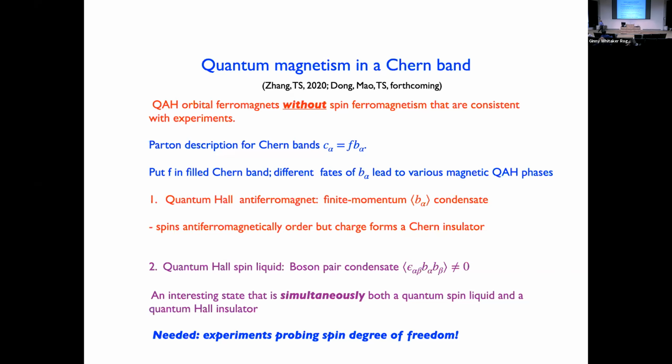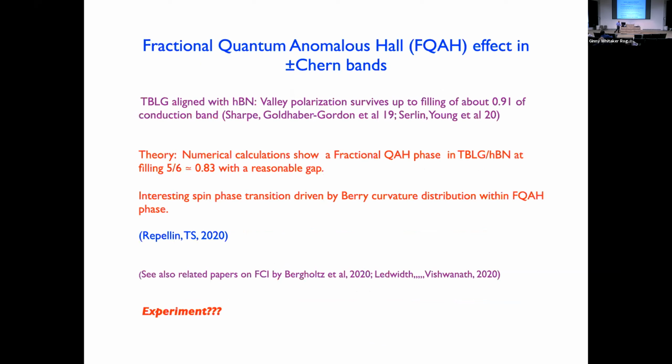Even more exotically, the bosons could pair condense, and this state would actually be a quantum spin liquid existing simultaneously with a quantum Hall insulator, right? People were talking about hot topics in condensed matter physics. I think this unifies a lot of the buzzwords in condensed matter physics into the same state. Right? So clearly we need experiments to decide what the spin degree of freedom is doing. I'm almost done, so let me just flash one slide. I don't know, I'm out of time, right?